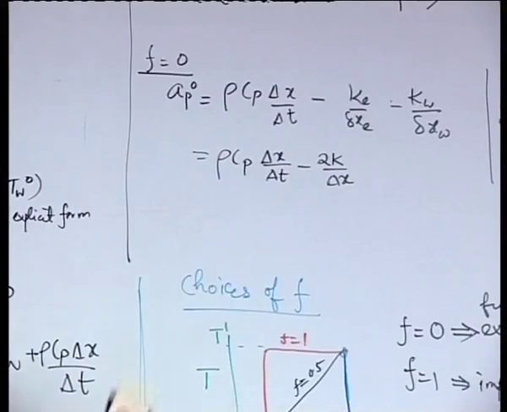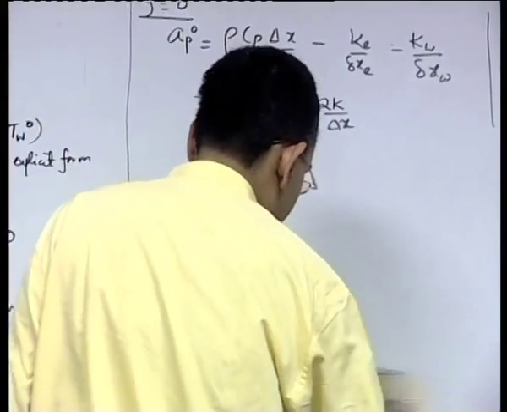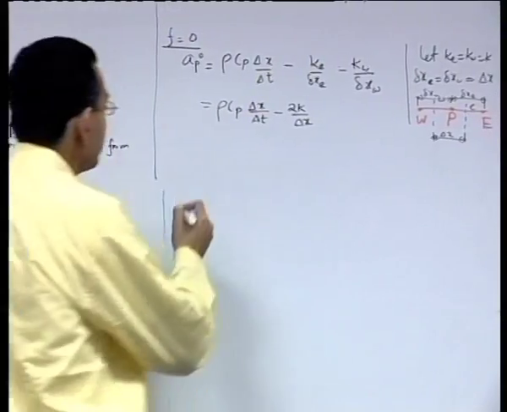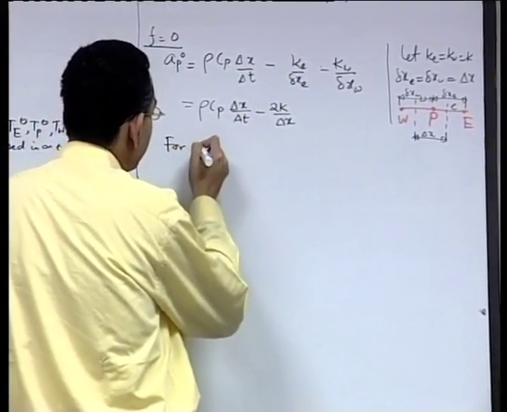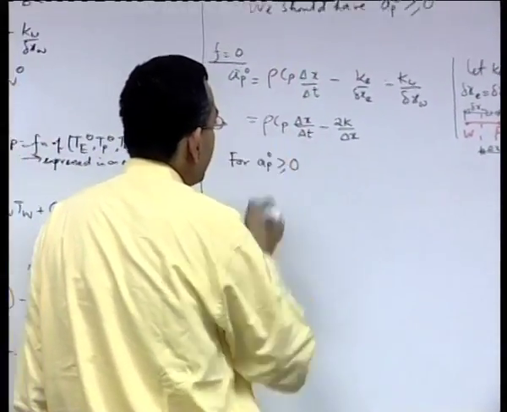Now, what are the conditions for AP naught to be greater than or equal to 0?